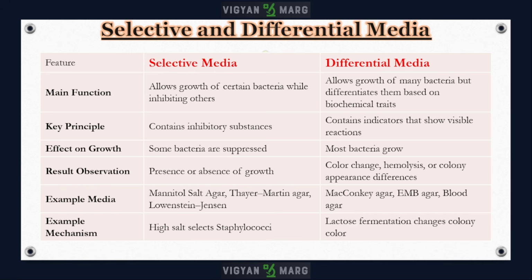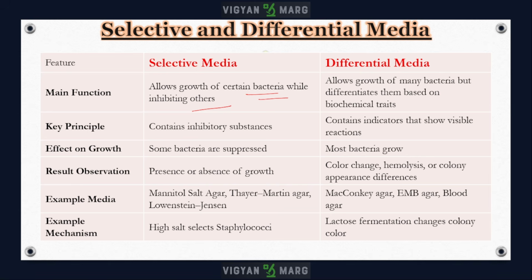And we can directly compare selective media and differential media, which is a favorite exam question. In your university exam you can see this type of question in the microbiology paper. Selective media are primarily aimed to control which organisms will grow while inhibiting other organisms.